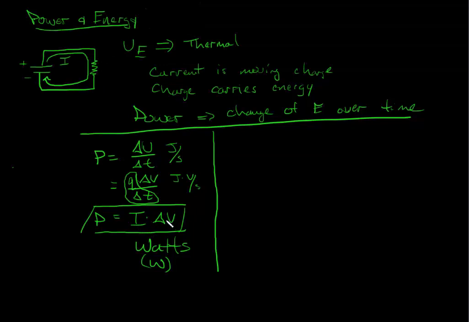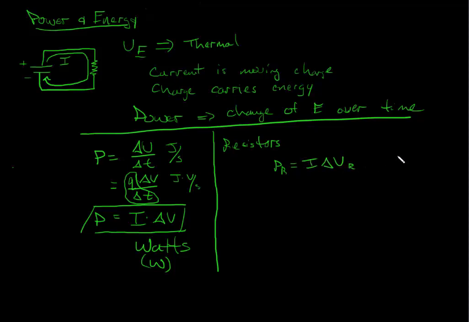Well, the relationships here make sense, right? If we increase potential difference, we are going to increase the power. If we increase the current, we increase the power. Okay, so thinking about resistors, because that's where we're going to get our change to thermal energy. We know that the power of a resistor is going to be I times the potential difference of the resistor.